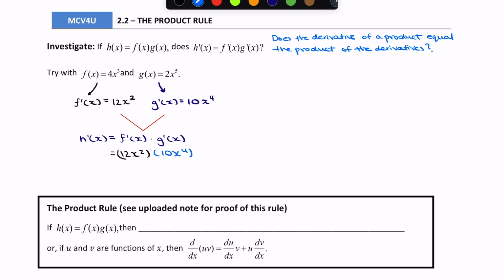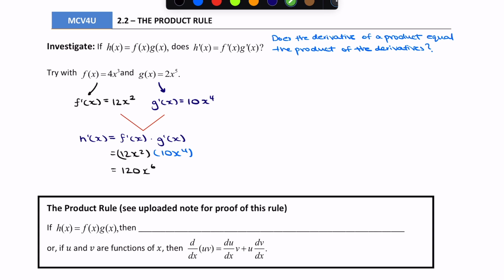And if we multiply those together, here we have 12 times 10, which will give us 120. And then with the same base, we use the exponent rules, x to the power of 2 times x to the power of 4. Add those two exponents together, it'll be 120x to the power of 6.